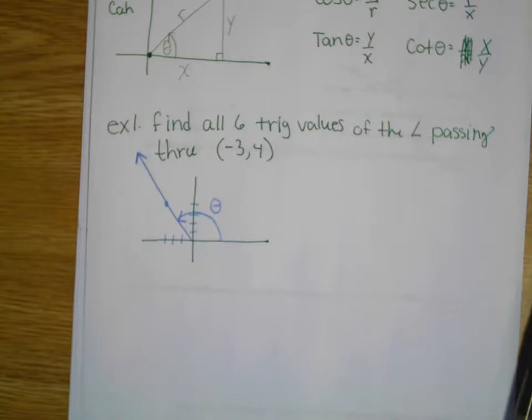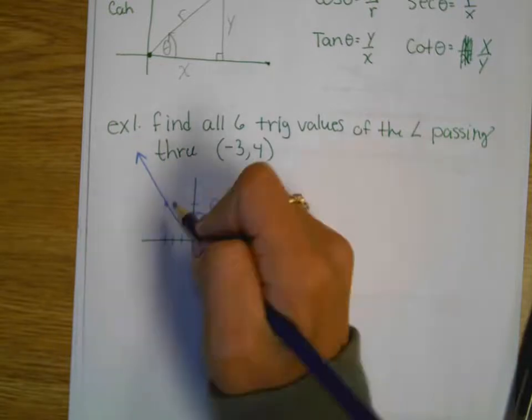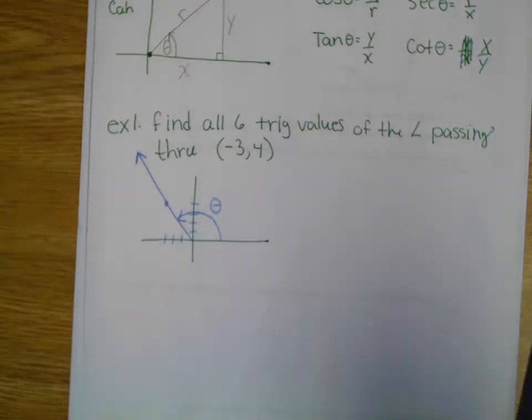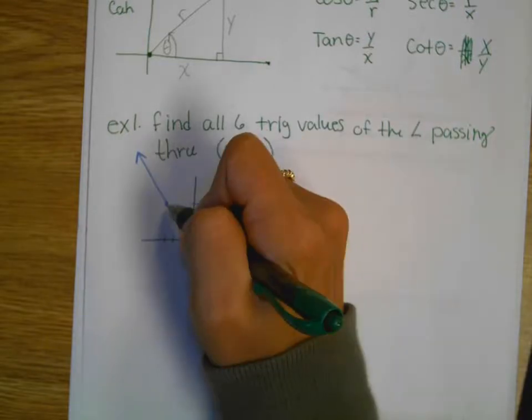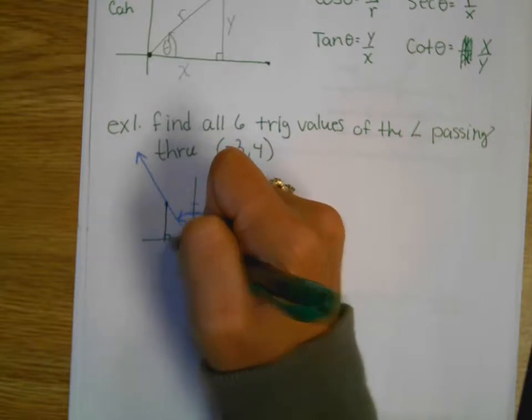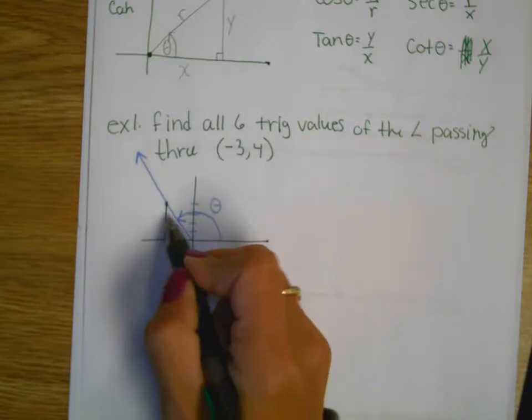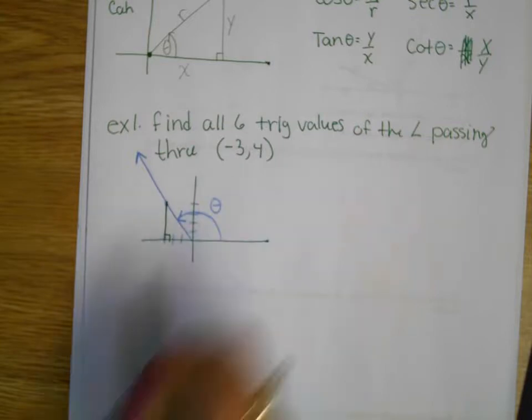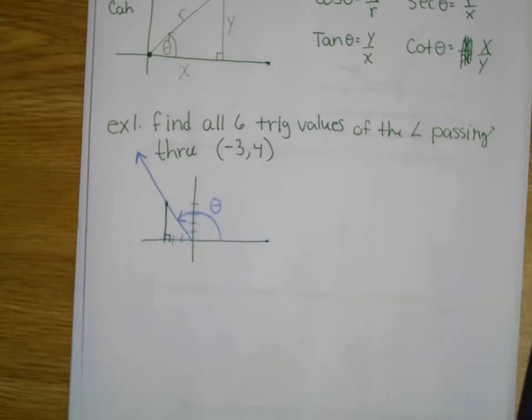Okay, in order to get the six trig values, you're going to make your right triangle. Always connect back to the x-axis. At least someone smiled at that. Always connect back to the x. Even though the angle is outside of the triangle, this is the reference triangle that gives us all of the ratios for that angle. Okay?